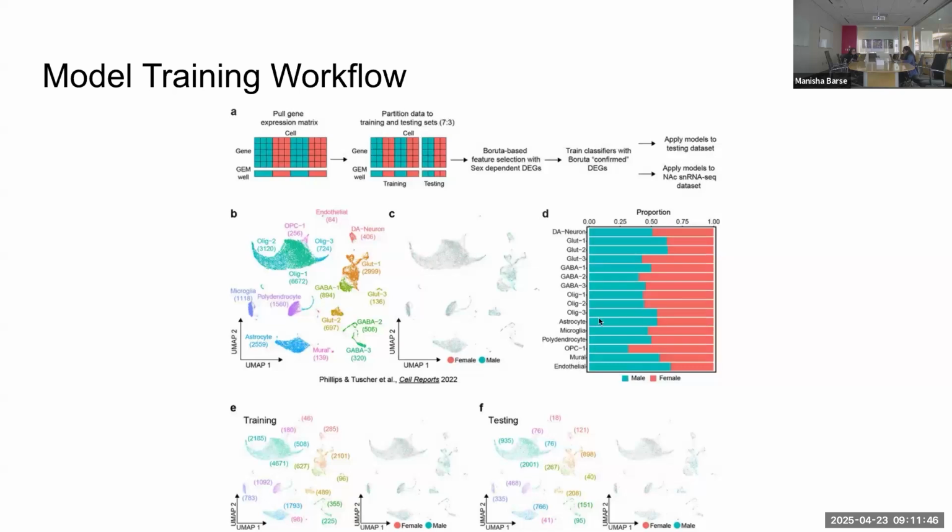They tried to keep a balance between how many females and males there are in the composition of the 16 cell types. Panels E and F show the different number of cells in the different clusters in the training and the testing data sets for the VTA data set.